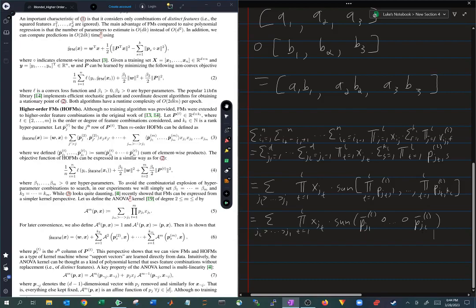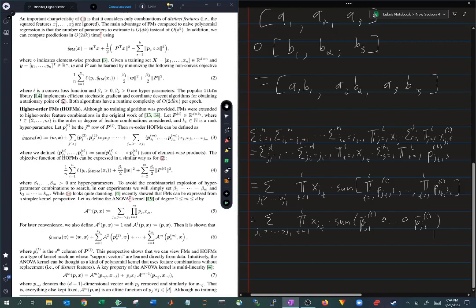And the first entries of those vectors will be lowercase p sub j, then the index, comma 1. So the first entry of this vector is lowercase p sub j1 comma 1.